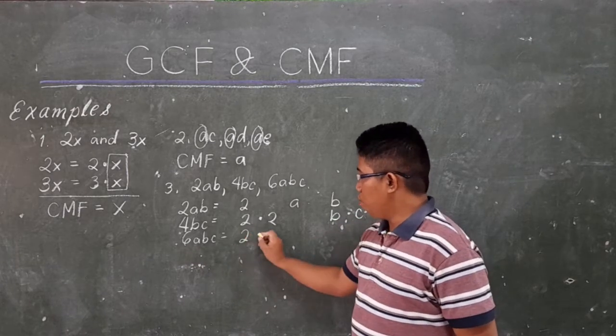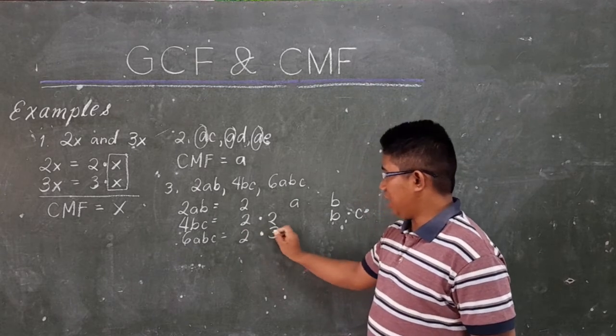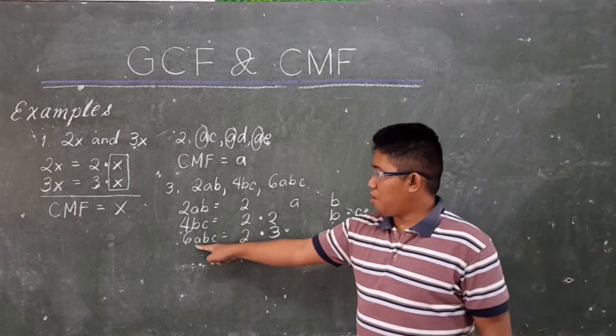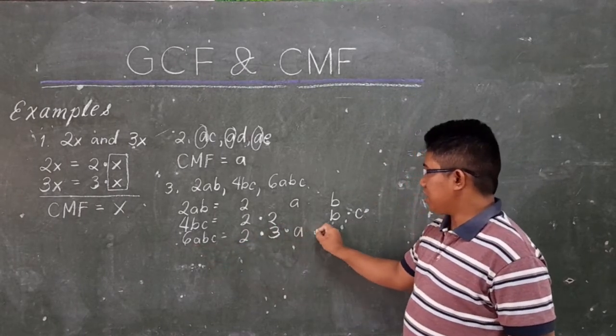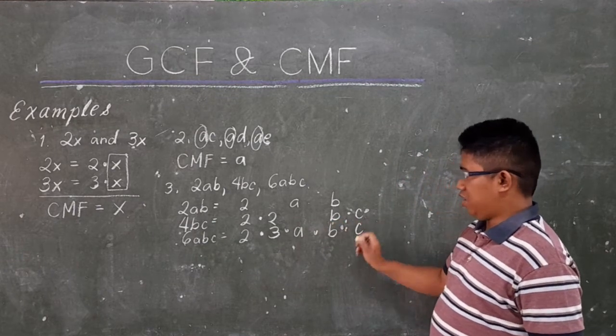So 2 multiplied by 3 times A times B times C.